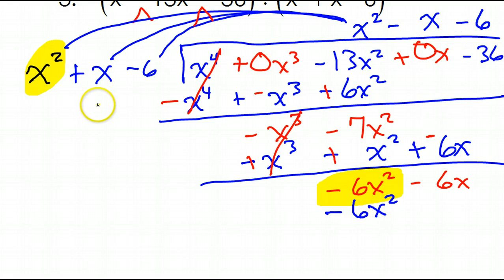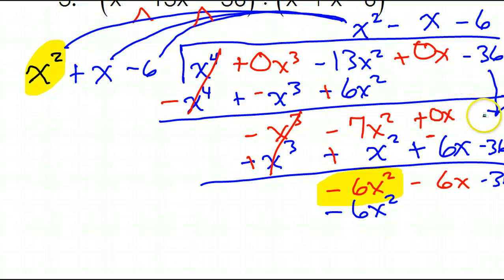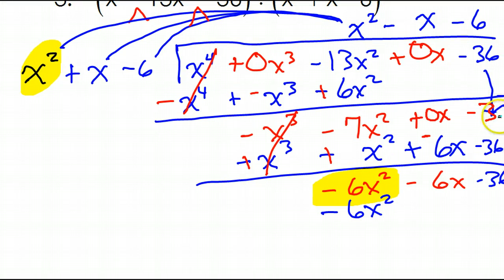Negative 6 times x, wait, I meant to bring down stuff. Yeah, I'm bringing down the 36. So I'm just bringing stuff down. So plus 0x and negative, whoa.